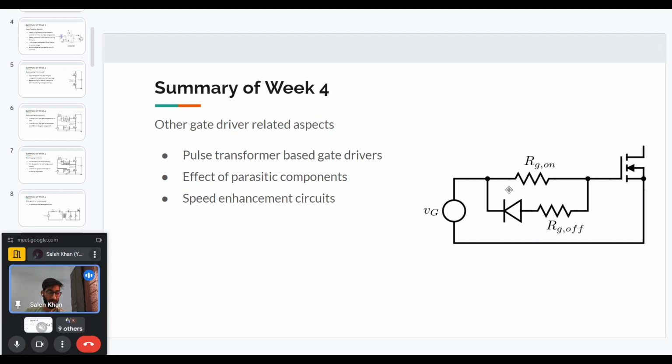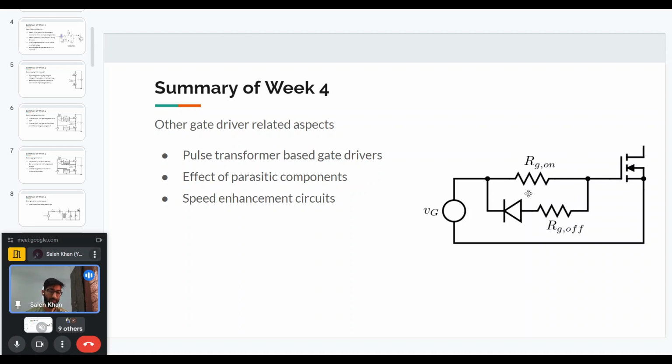If the value of R is very high, then it will take a lot of time for the gate voltage at the actual device to get charged. So based on this RG value, we can change how fast or slow the device turns on and turns off. And usually what we want to do is reduce the turn off time.